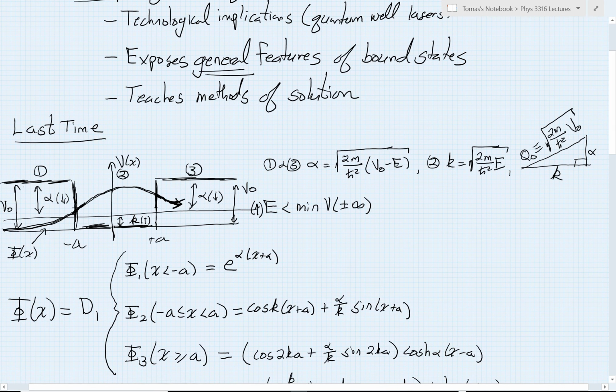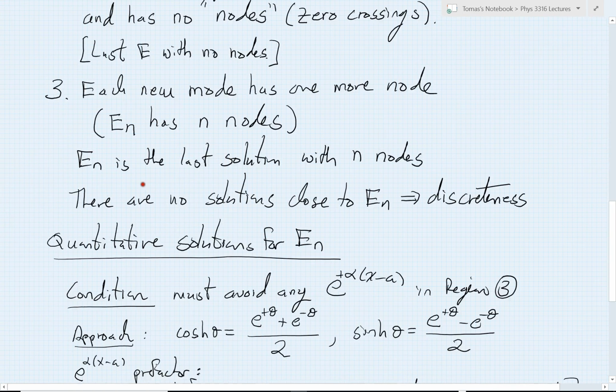Now, alpha, you will recall, is directly related to k. We had this nice mnemonic to remember it by, and it's simply a Pythagorean theorem. Q naught is just a constant, so that's given to us at the start of the problem. I can solve then for alpha in terms of the givens, Q naught and k. Alpha would just be the square root of Q naught squared minus k squared.